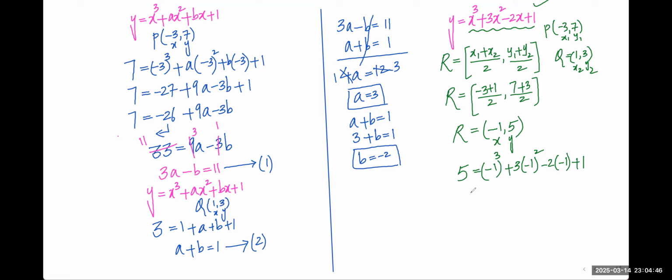So 5 is equal to -1, plus 3, plus 2, plus 1; -1 plus 1 cancel. 5 is equal to 5, which means R definitely lies on the curve. Therefore, R lies on the curve. So this is the answer of the second bit.